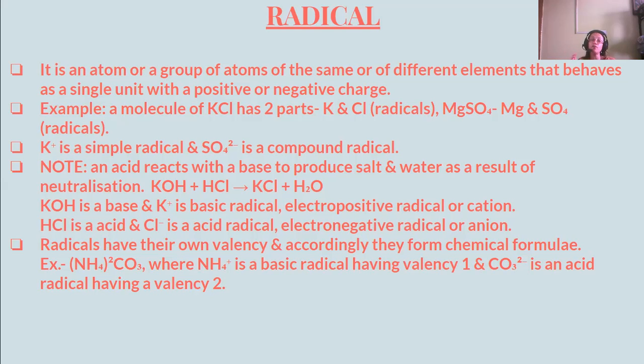Potassium hydroxide is a base and the basic radical is potassium, that is an electropositive radical, or you can say cation. HCl, hydrochloric acid, is an acid, and chlorine is an acid radical, an electronegative radical, known as anion. So potassium is a basic radical, chlorine is a negative, acid radical.